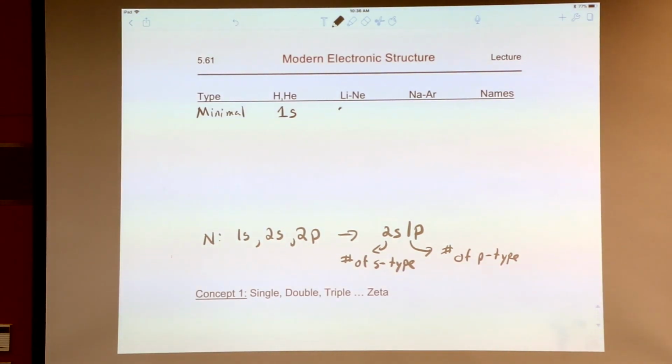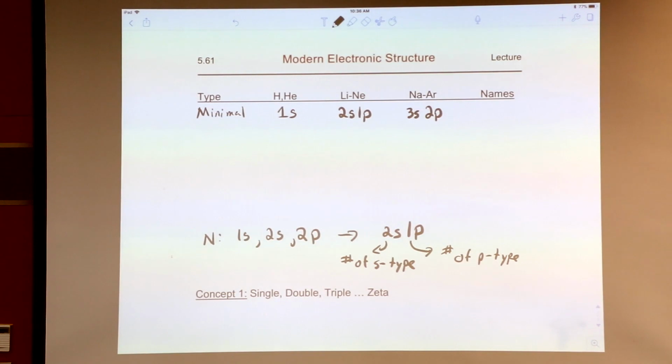So there'll be 2s, 1p. And then I go down one more row for sodium through argon, and I'll need another s function. So there'll be a total of 3 s-type functions. And then I need two sets of p, a core p and a valence p. So there's 2p. So that's the minimal basis set. That's the smallest basis set I could conceive of for any atom.